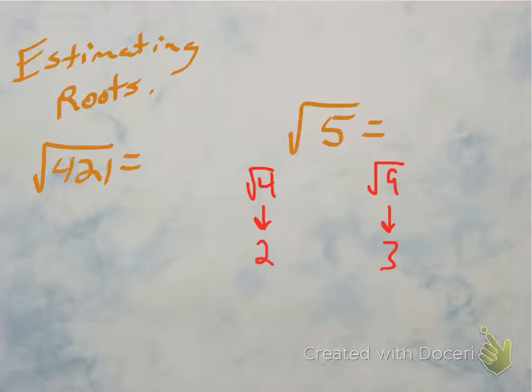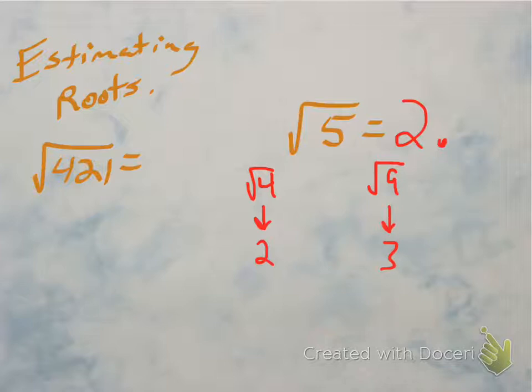Now what we want to do is we know that it's between 2 and 3. It's somewhere in between here. We just don't know where. So I'm going to go ahead and put 2 point something. That's what we're trying to figure out. So what we do now is we establish a halfway point.